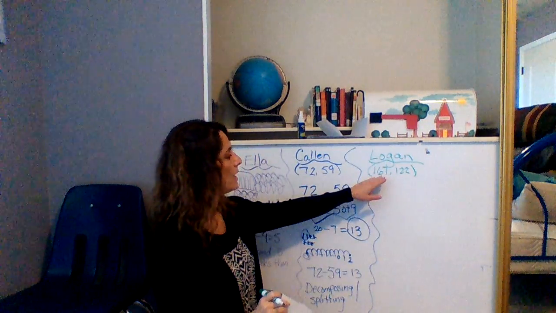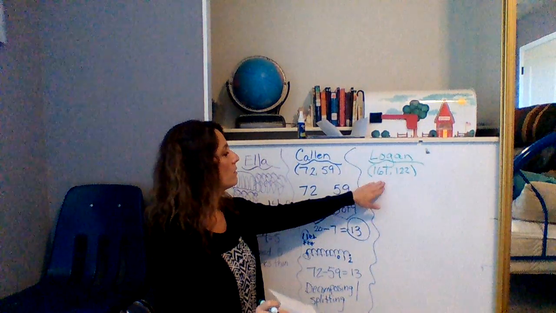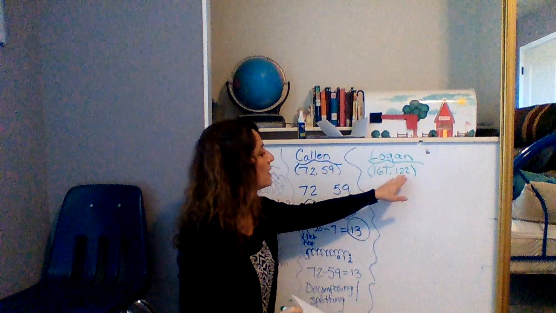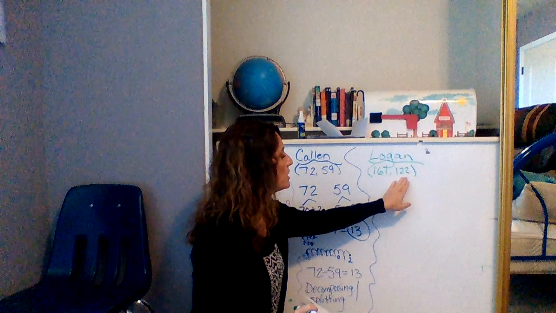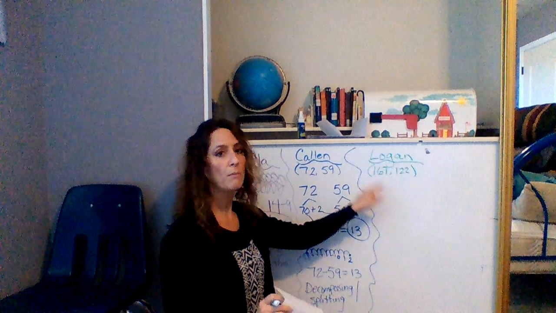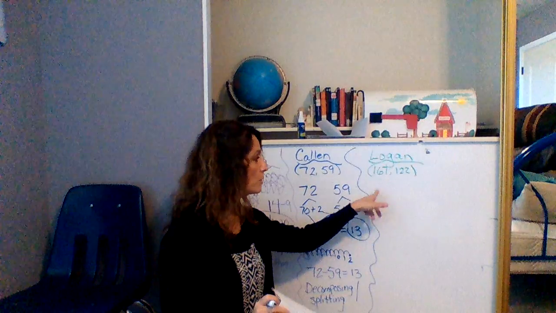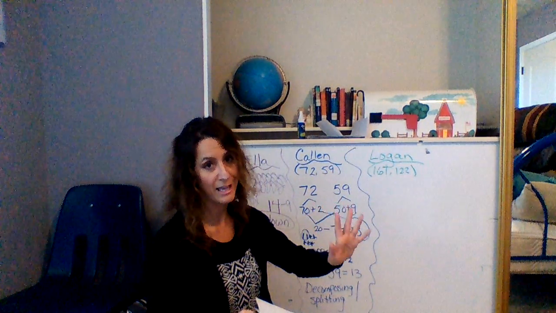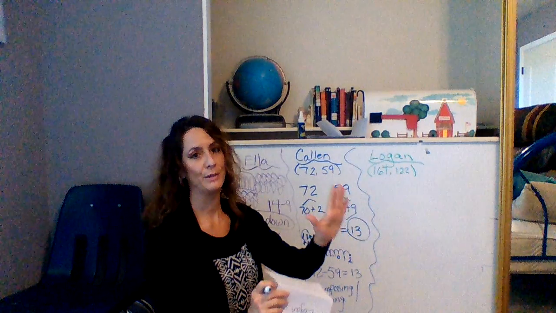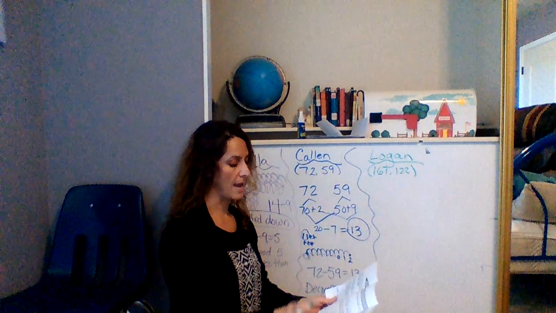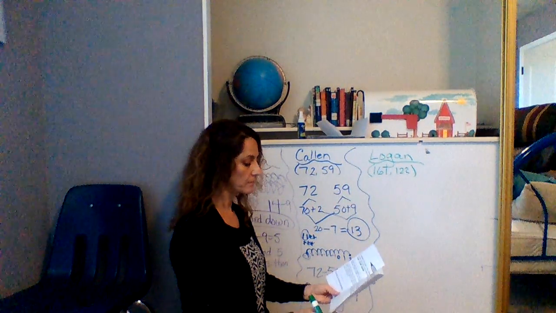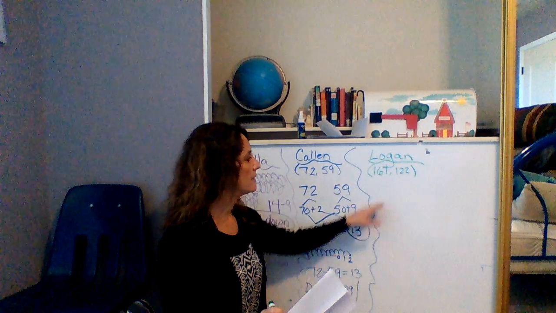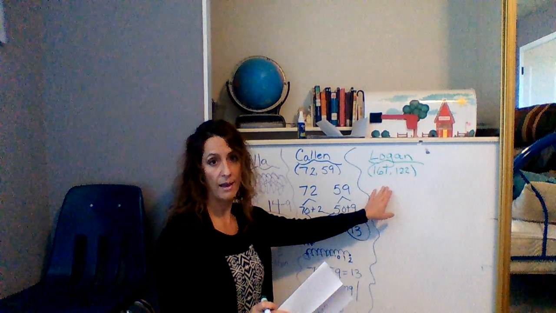Which means in the story, if we plugged in those numbers, Lucas read 167 books, Melody read 122. We want to know how many more books did Lucas read than Melody. I hope I didn't say Logan before. I think I did. Anyway, Lucas and Melody. Okay. Anyway, more importantly is how do we solve to find that?